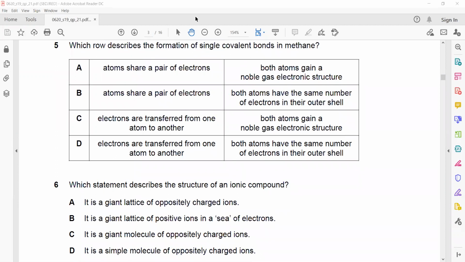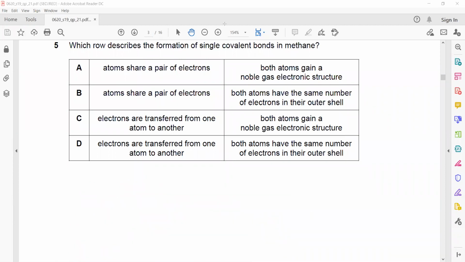When we draw the structure of methane, carbon belongs to group 4, so it has 4 electrons, so it will share 4 electrons. Hydrogen belongs to group 1, meaning it has only 1 electron in the outermost shell. So they all try to share to complete an octet or 2 electrons in the last shell.